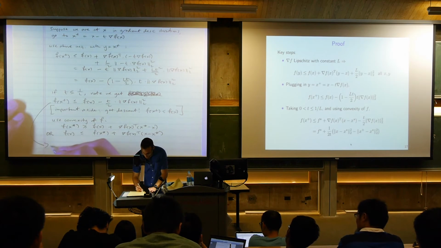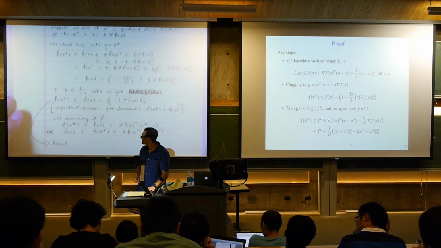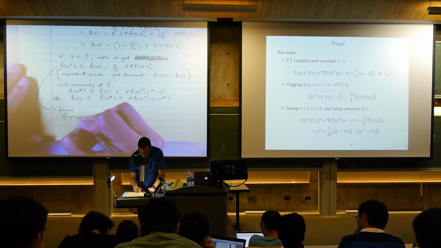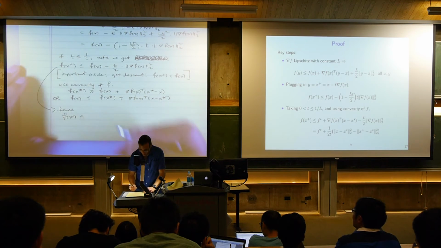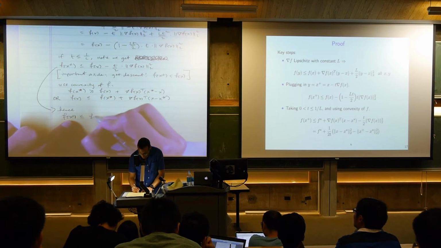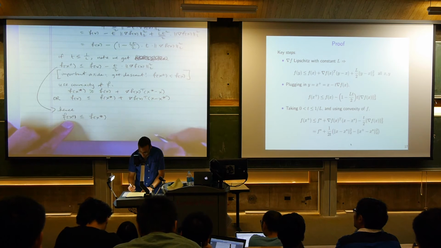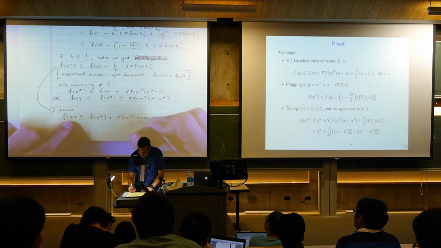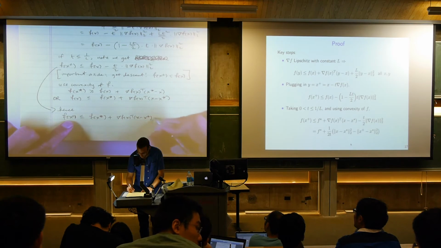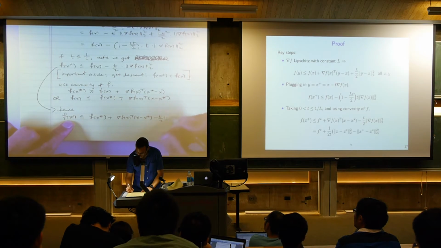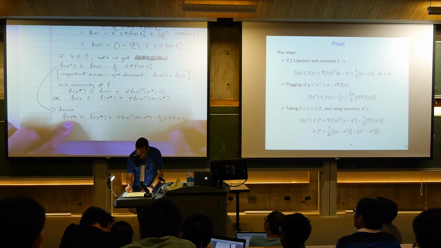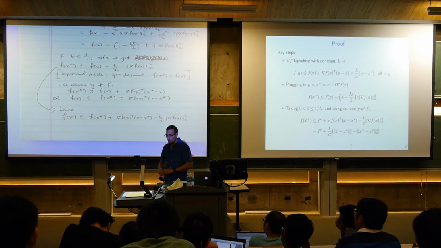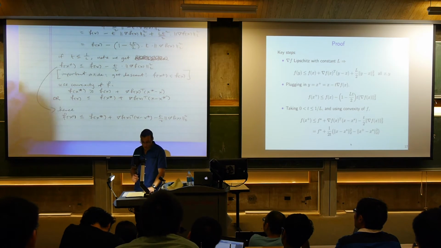Coming from this step, at the next iteration we're less than or equal to f of x star plus the gradient of f of x transpose times x minus x star, minus t over 2 times the norm of the gradient of f of x squared. Okay, so we're getting quite close.